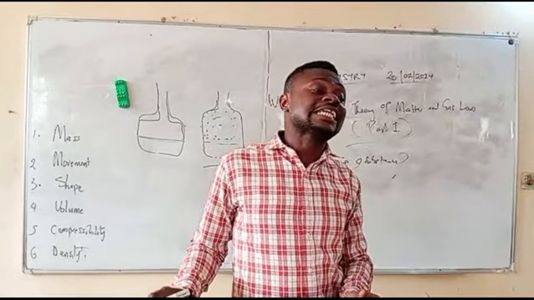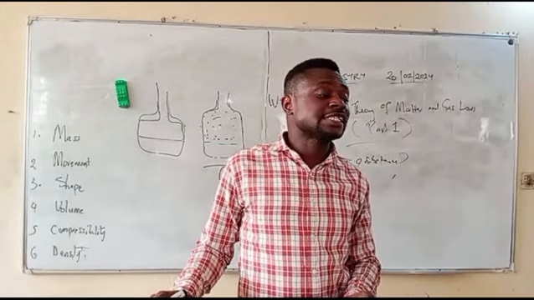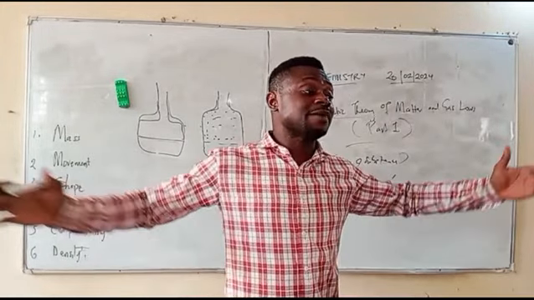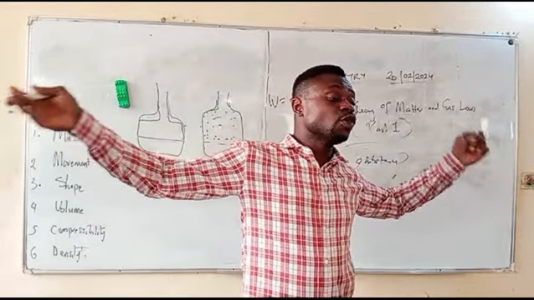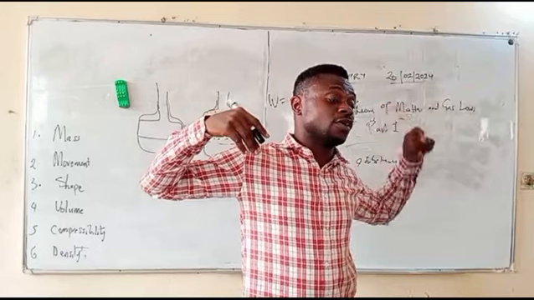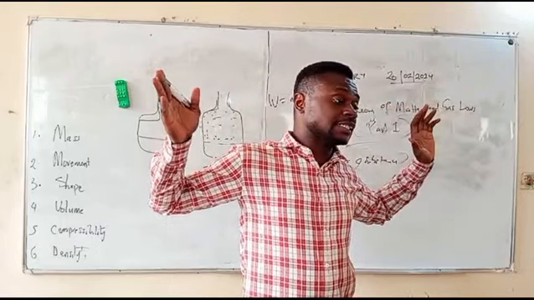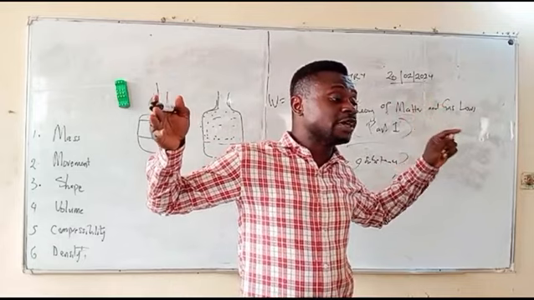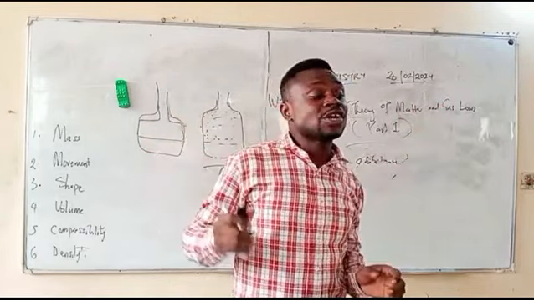Break up immediately and move to what? Gaseous state. That's what we call what? Sublimation. That happens in most of the substances where you have weak forces holding them together. Majority of them. So that's what is called what? Sublimation. Are we together?